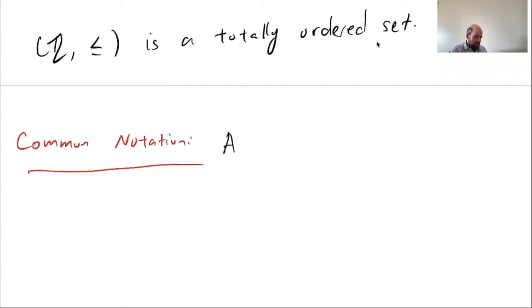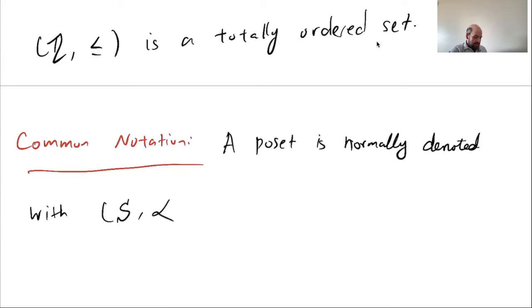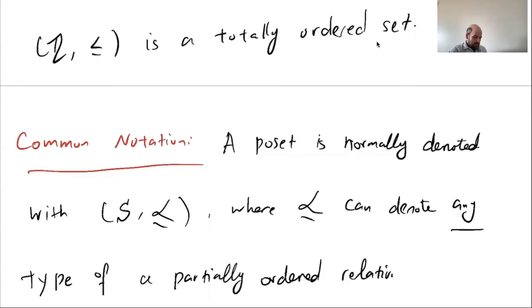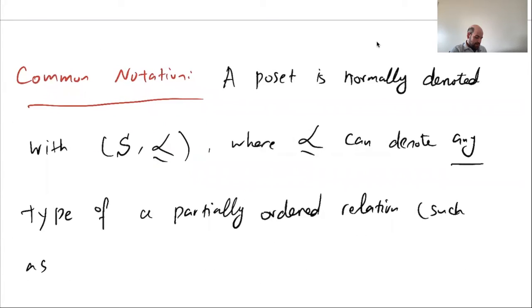A partially ordered set, or a poset, is normally denoted by S, a set S with a curly less than or equal, where this curly less than or equal can denote any type of partially ordered relation, such as the standard less than or equal to, or dividing, or subset, etc.